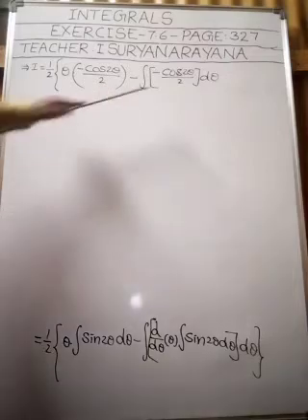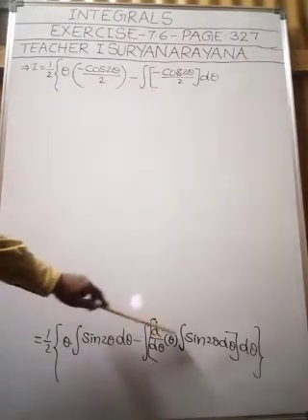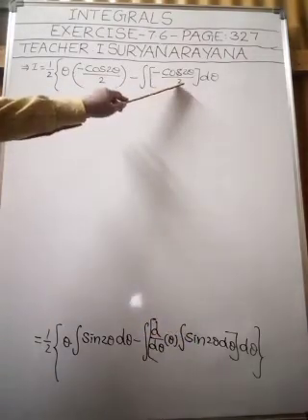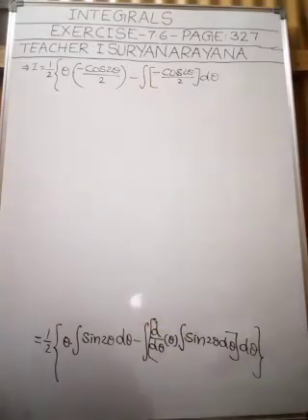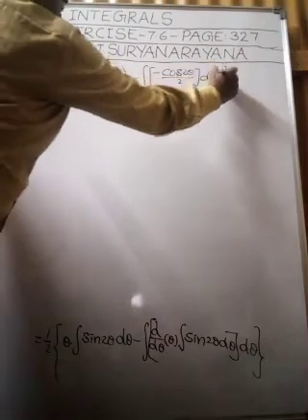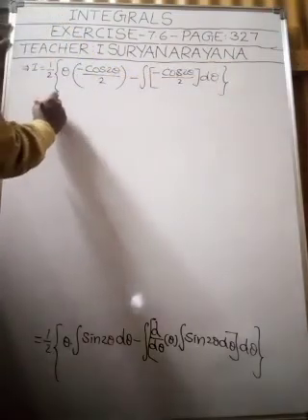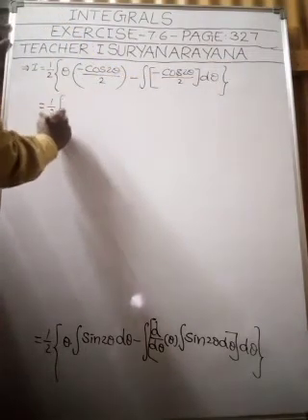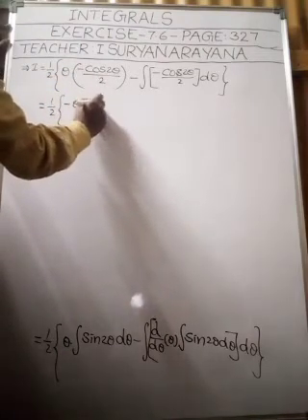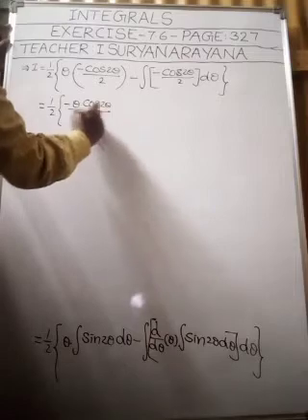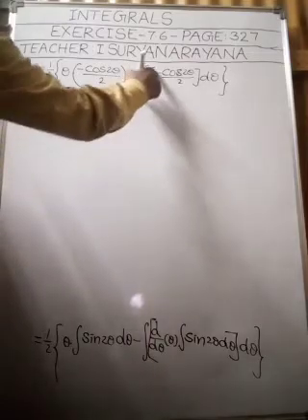Okay, my children, understood this part? I wrote it directly. 1 into any function, we get the same function. So minus cos 2 theta by 2. Understood this step, my children? Right. This is equal to 1 by 2 into minus theta cos 2 theta by 2, minus of minus, what will you get?